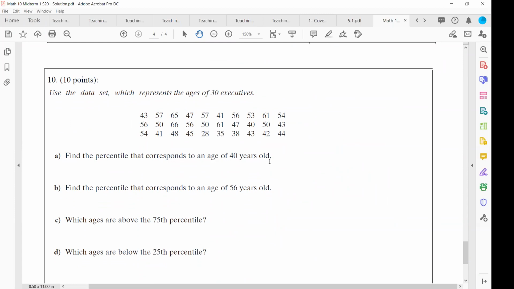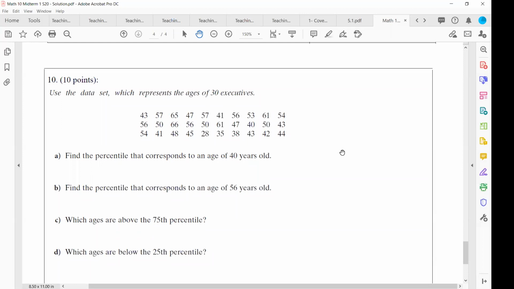First, you have to write these numbers in a format that you can actually count all the numbers below 40. Let us rearrange these. What's the smallest value here in the collection? What's the largest value in this collection?